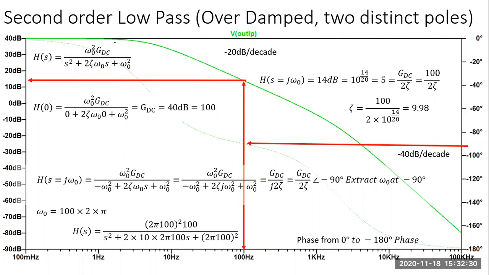So it's a low pass filter because it starts, the gain is high, and then as frequency increases, it decreases, right? I can actually see two distinct breakpoints, right?